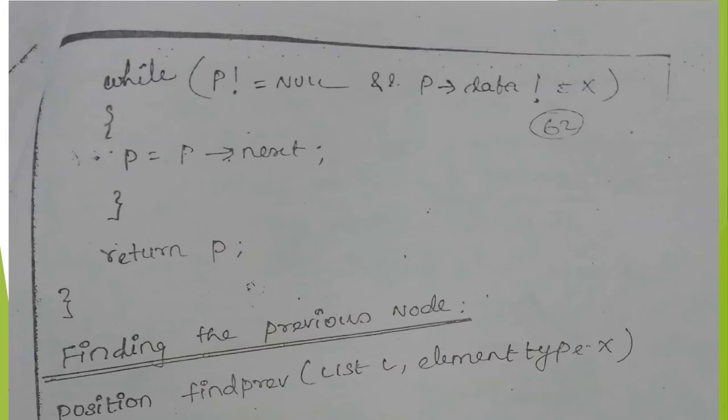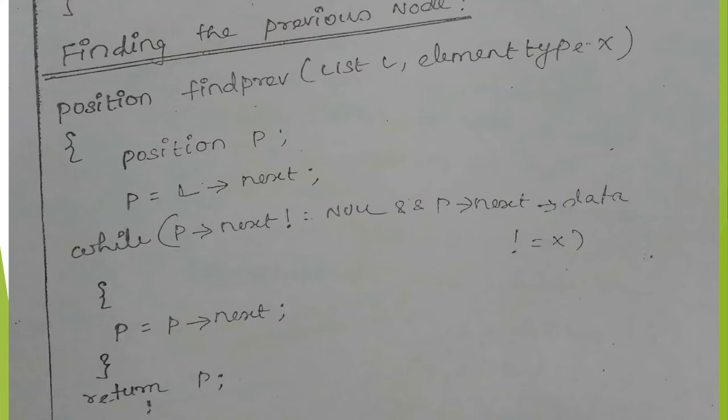This while loop will keep executing by changing the next node as the current node P. This is done with the help of P's next being assigned as P for the next iteration. When we get P's data equal to X, the while loop will be terminated and this P will be returned as the output.